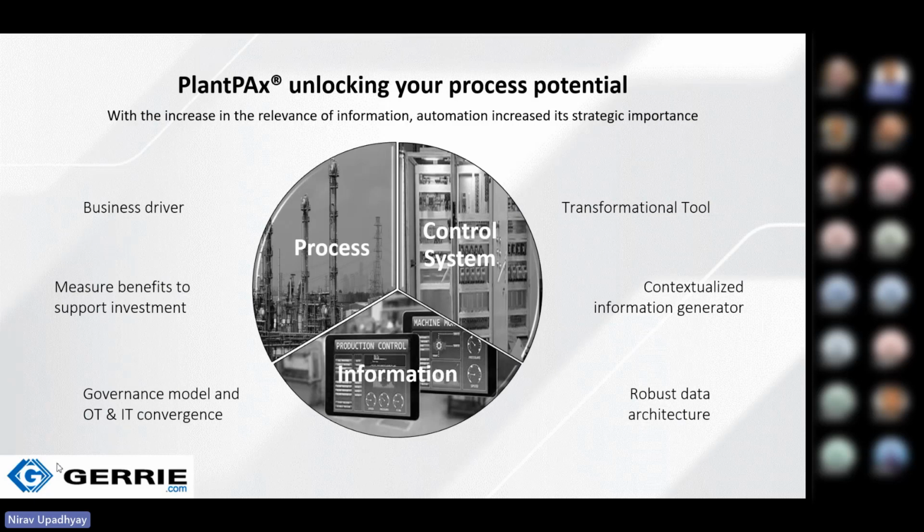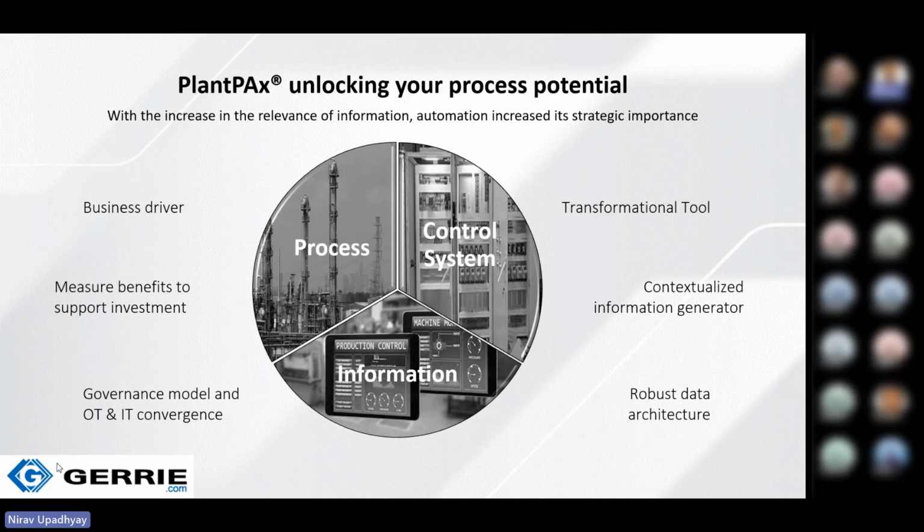This pie diagram shows how process, control system, and information complement each other, which is respectively your business, OT, and IT side. Production is the business driver for any industry, and the control system is the transformation tool that gives you the visibility and should have the necessary functionality to unlock the business opportunity and improve productivity.